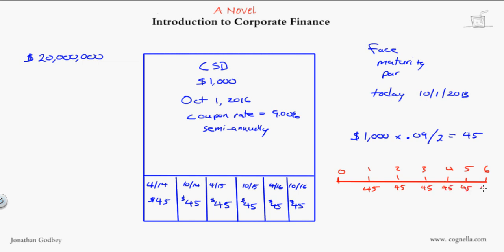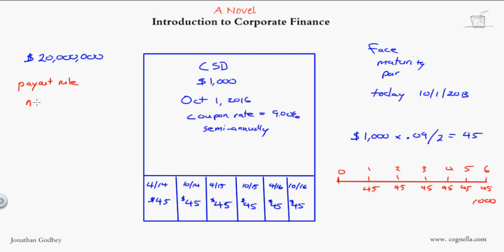And at the end, you get $1,000. Your calculator was designed specifically for this problem, to get the present value of these cash flows. So you will pay to Caspian Sea Drinks today the present value of those future cash flows. So we have what I want to call the payout rule. The payout rule is established by Caspian Sea Drinks, or whoever the issuer is.